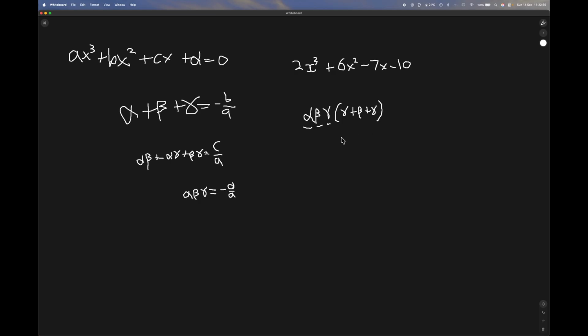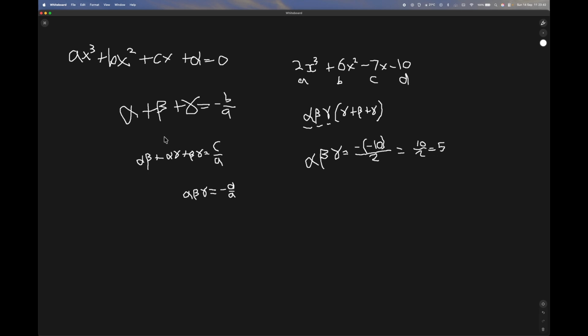So alpha beta gamma is equal to negative d on a. We've got our A, our B, our C, our D. So negative of negative 10 on 2, negatives cancel, so we get 10 on 2, which is equal to 5.